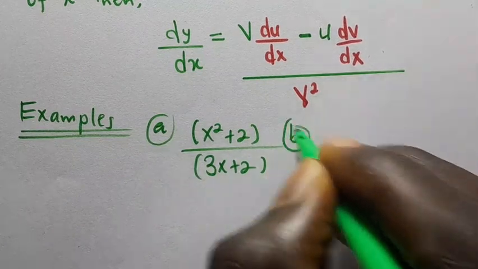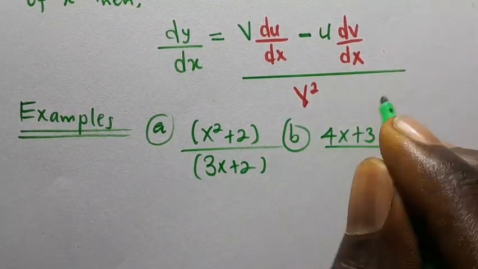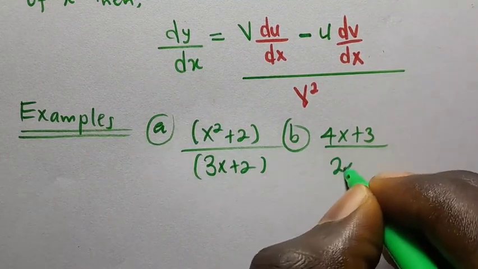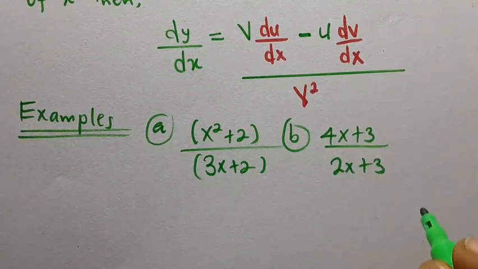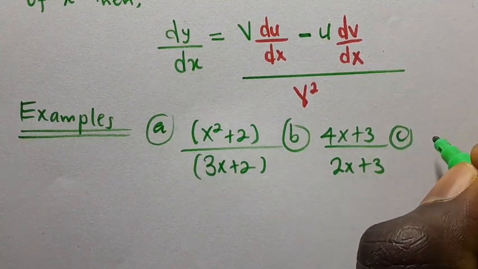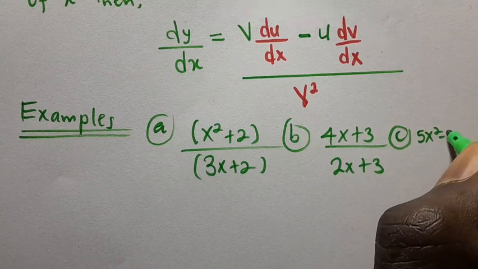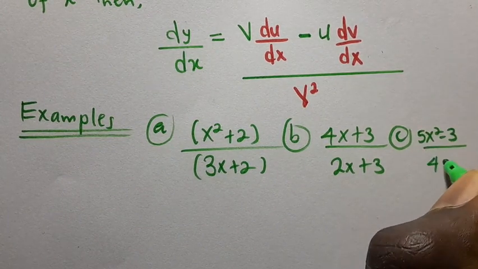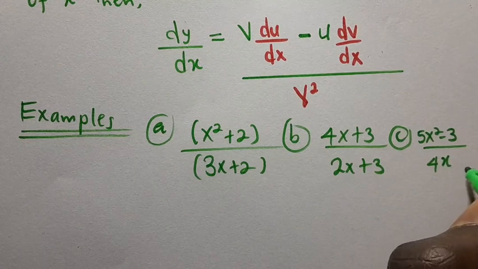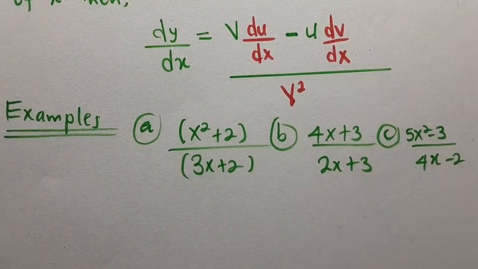Example B, y equals 4x plus 3 divided by 2x plus 3. Example C, y equals 5x squared minus 3 divided by 4x minus 2. So let's see how to solve this.